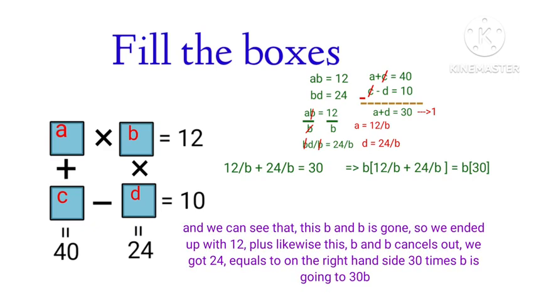This B and B is gone, so we ended up with 12, plus likewise this, B and B cancels out, we got 24, equals on the right hand side, 30 times B, which is 30B.